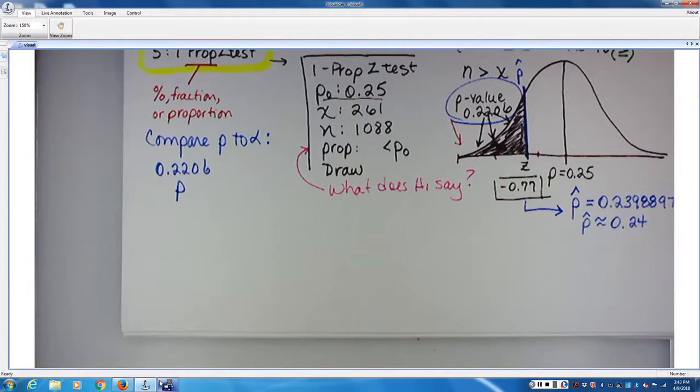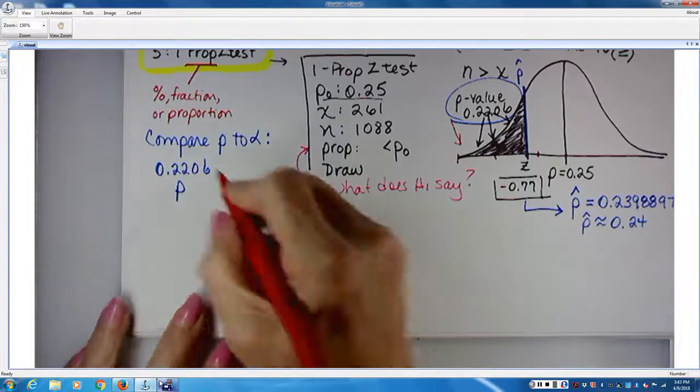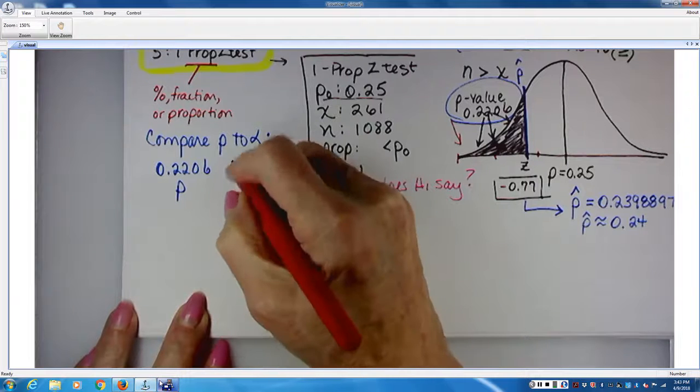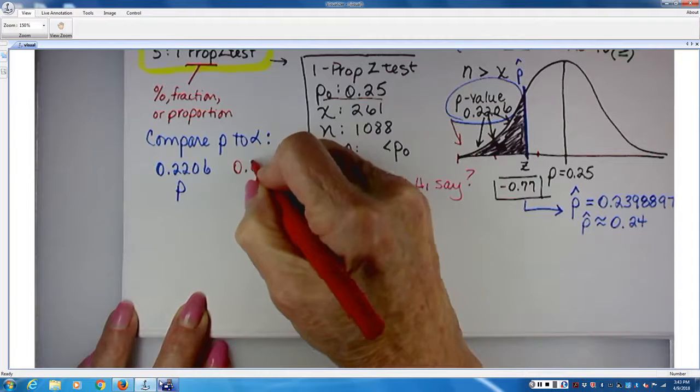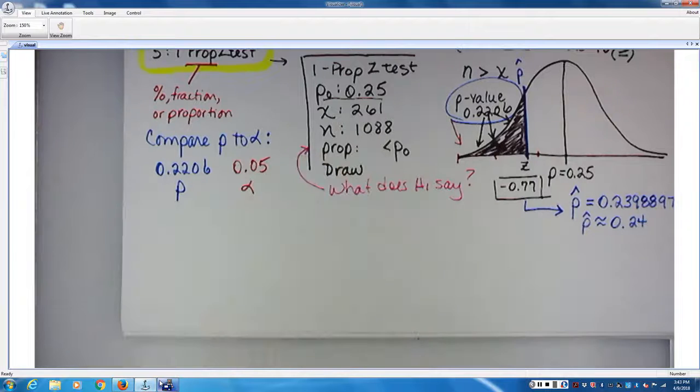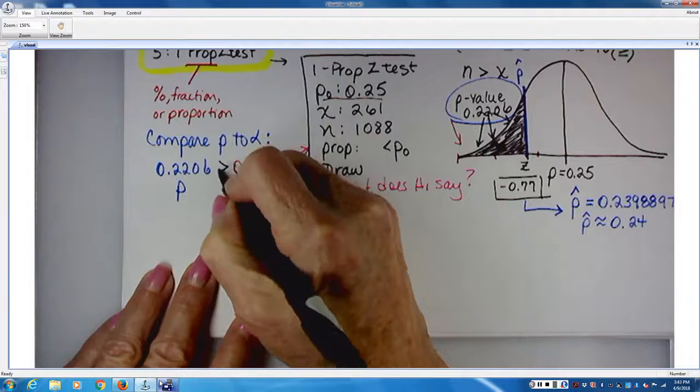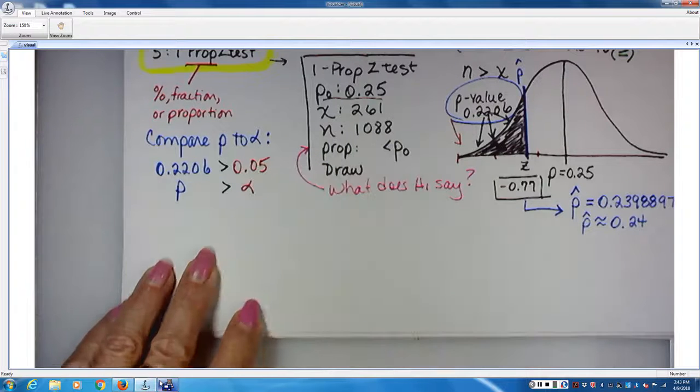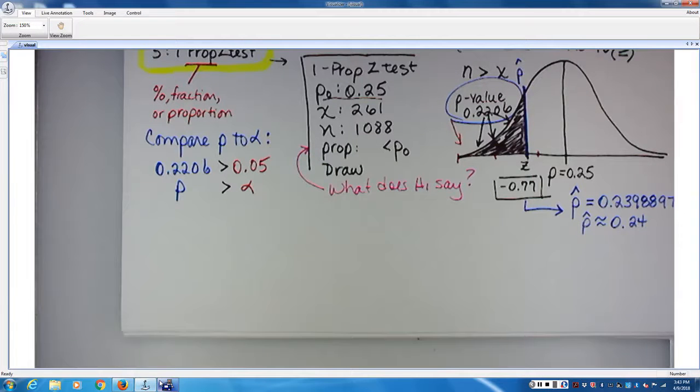Your alpha value that was given to you in the problem, just look a little further up the page, is 0.05. And all you have to do is decide which way the inequality symbol would point between the two of those. Is 0.2206 larger than 0.05 or is it smaller? It is larger. So your p-value is greater than alpha.